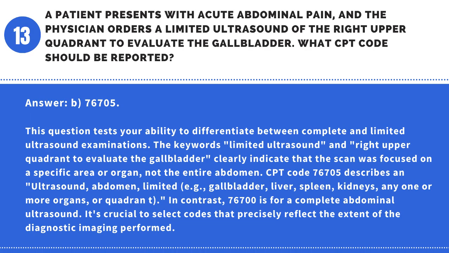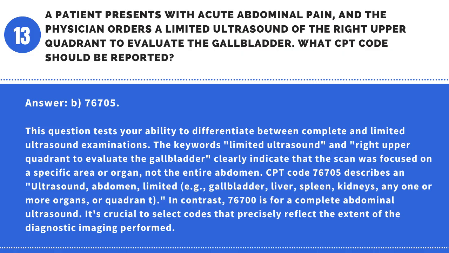Answer B. 76705. This question tests your ability to differentiate between complete and limited ultrasound examinations. The keywords "limited ultrasound" and "right upper quadrant to evaluate the gallbladder" clearly indicate that the scan was focused on a specific area or organ, not the entire abdomen.